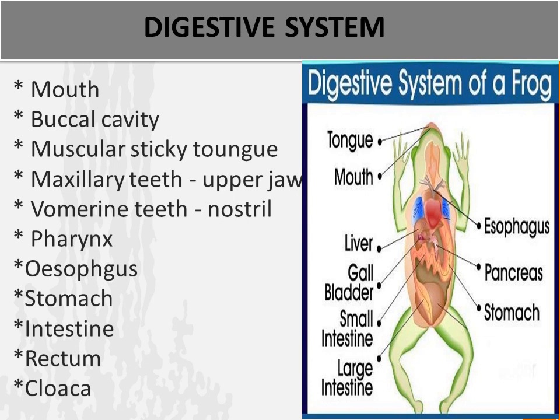And the stomach leads to the intestine, right? There is the small intestine as well as the large intestine. Then it leads to the rectum, and the rectum leads to the cloaca. This is the regions of the digestive system of the frog.